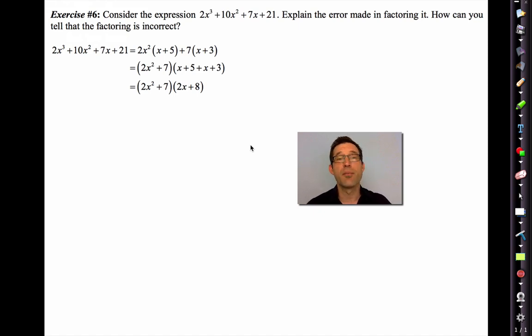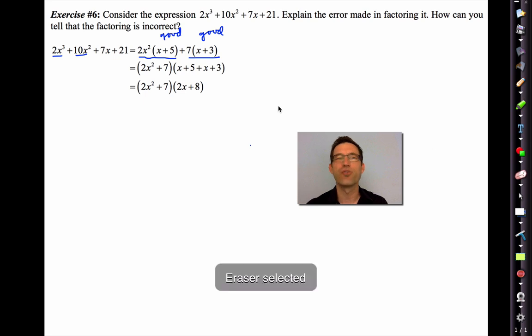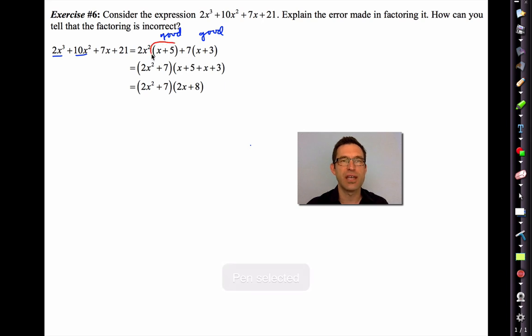It wasn't so much that they made a mistake in their factoring by grouping, is the fact that you can't even use factoring by grouping. So they factored out a 2x squared, and that was fine. This is good. Then they factored out a 7, and this is good. But their mistake was that in order for factoring by grouping to work, after factoring out those GCFs, this term and this term must be the same.